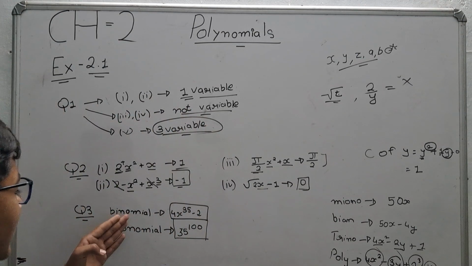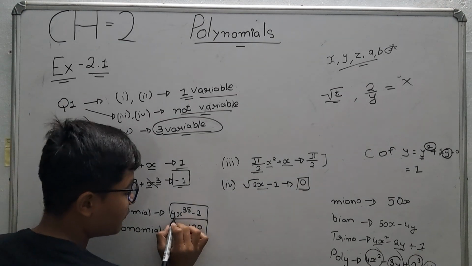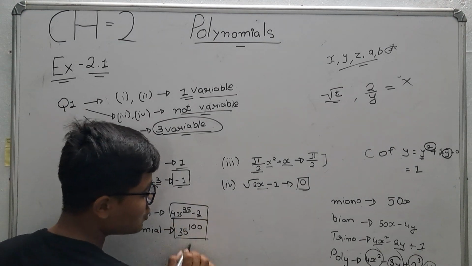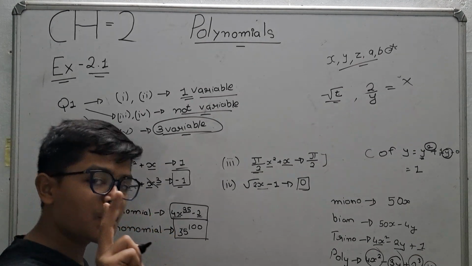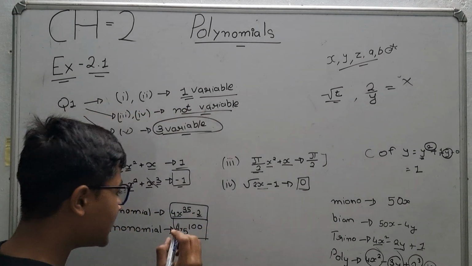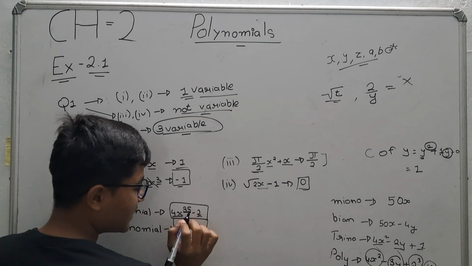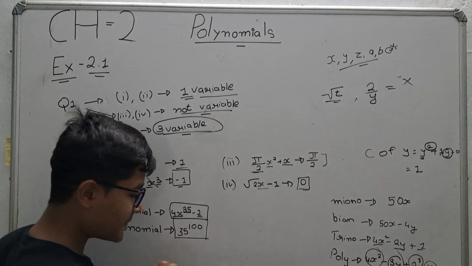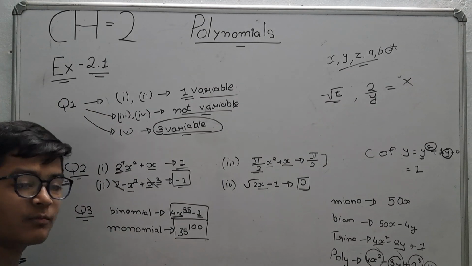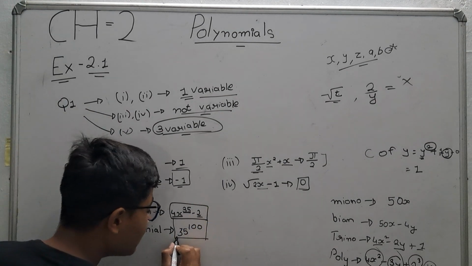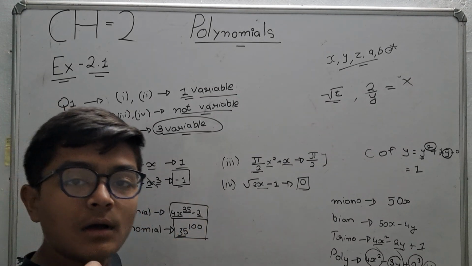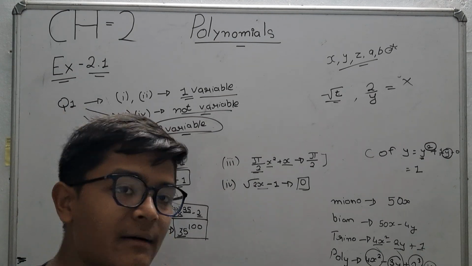So in the binomial we can write 4x to the power 35 minus 2. We just have to put two terms, so we can put it like that, 4x in power 35 and 2. And the example of the monomial is 35, what is 35? x power 100.